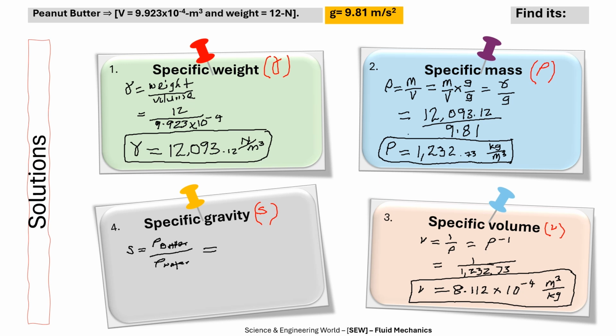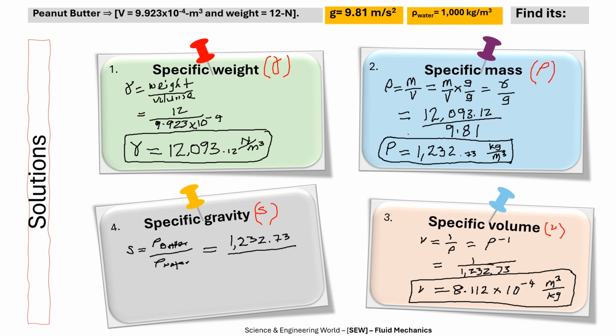And this gives us density of the substance of peanut butter is 1232.73 over the density of water, which is always given as 1000 kilogram per meter cube.